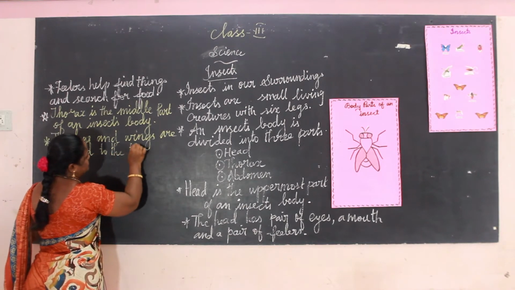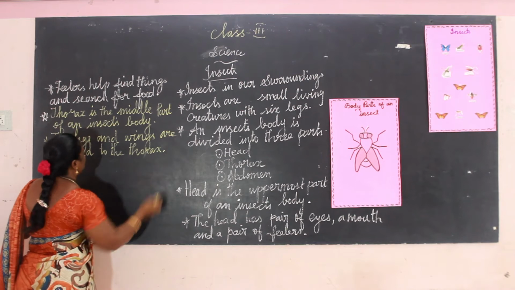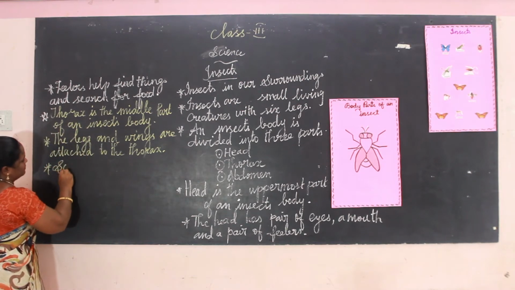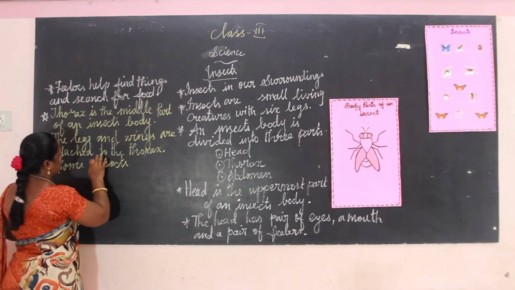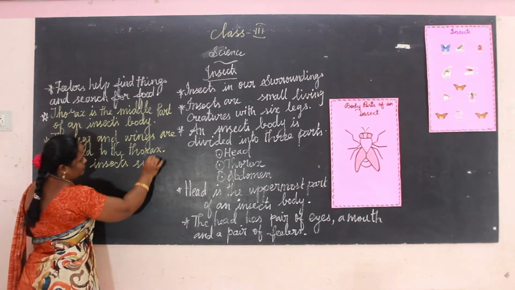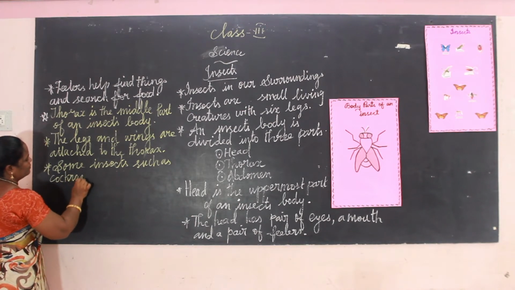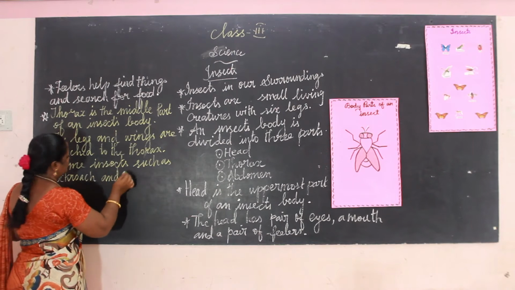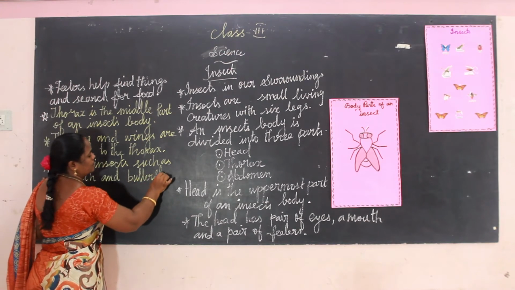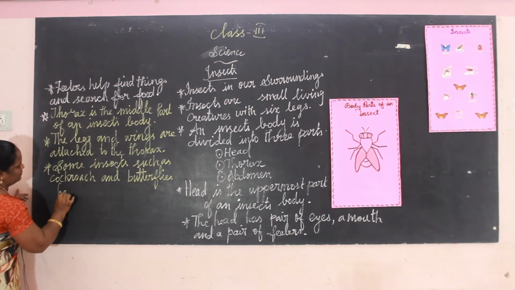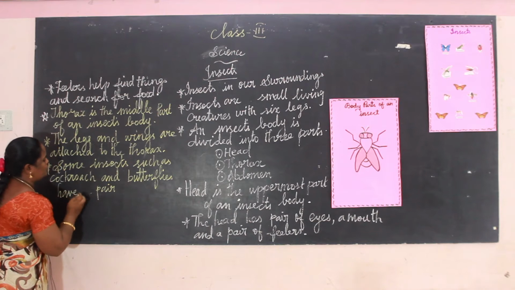Then some insects such as cockroach and butterflies have two pairs of wings.